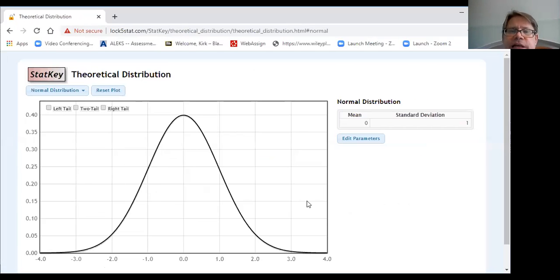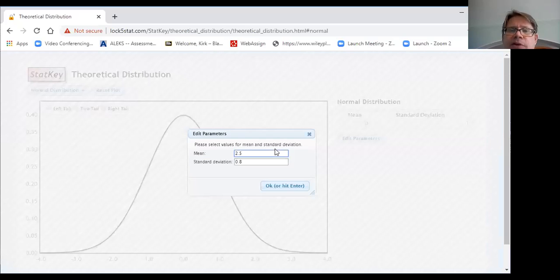So we see here our normal curve. This one right here is the standard normal curve, mean of 0 and standard deviation of 1. I'm going to change the parameters so that we have a mean of 2.5 and a standard deviation of 0.8. Why? Because those are the values from the problem.